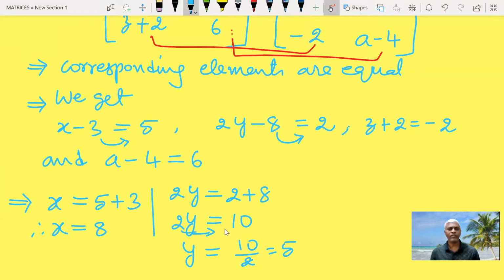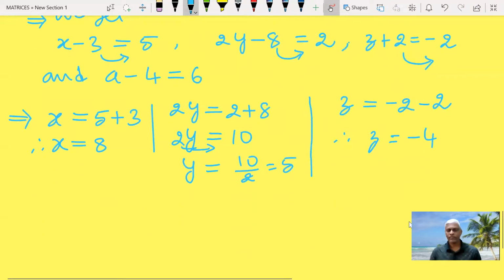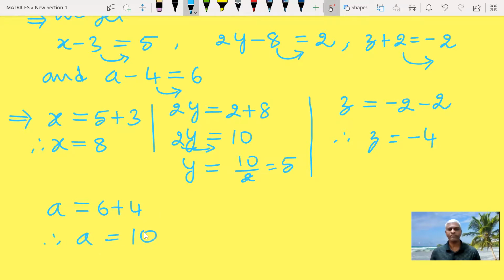Bringing 2 this side will become 10 by 2. From this, if you bring 2 to the right side, z is equal to minus 2 minus 2. Therefore, z is equal to minus 4. And from the next one, bringing minus 4 to the right side will give us a is equal to 6 plus 4. So that is, a value is 10.